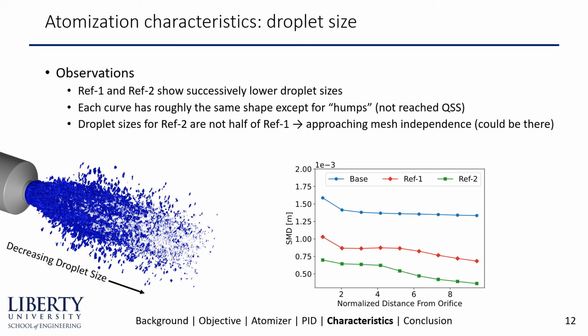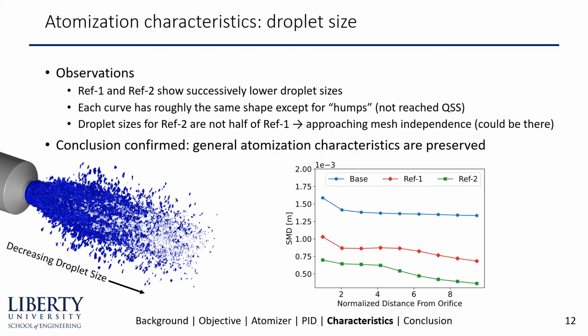These are just because the models haven't reached quasi-steady state yet. And finally, droplet sizes for Ref 2 are not half of Ref 1. So it seems that we're approaching mesh independence, or could be there already. We conclude then, or confirm our previous conclusion, that the general atomization characteristics are preserved through the various refinement levels.